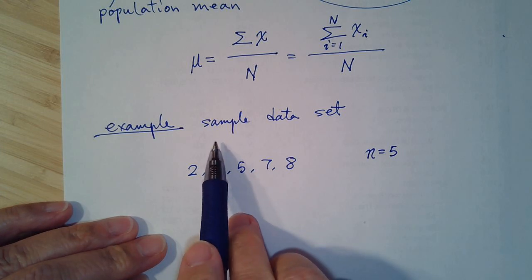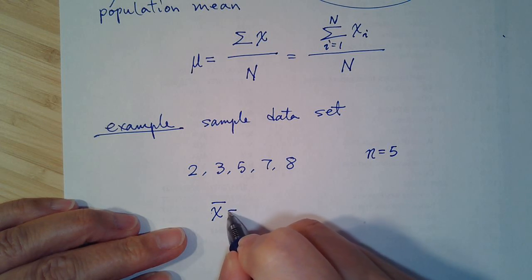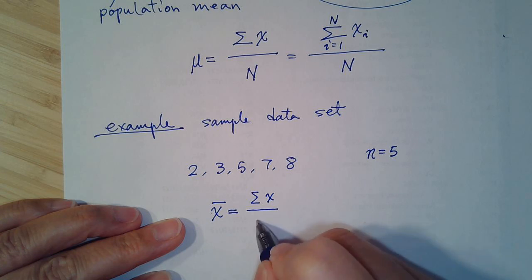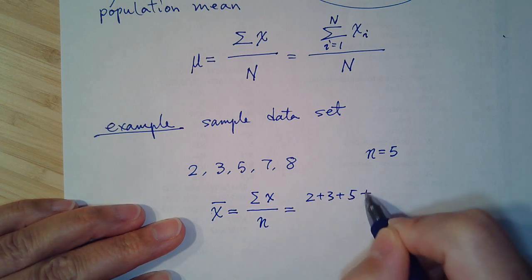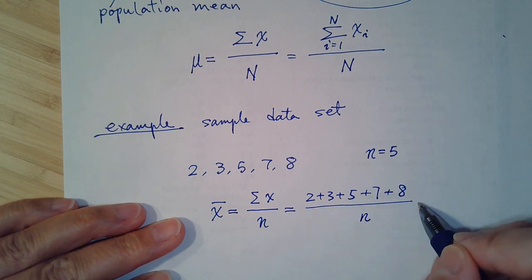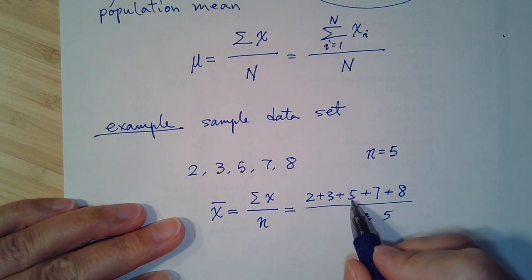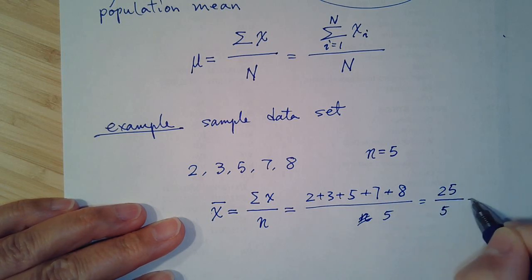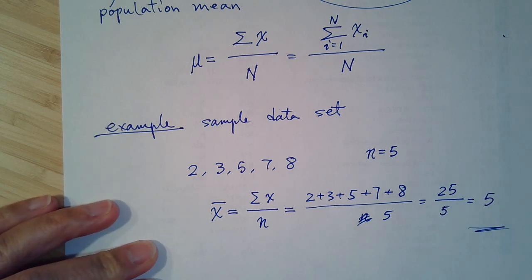Because this is a sample data set, we use x bar. That will be the summation of x, meaning you add all the x values together, divided by n. That's 2 plus 3 plus 5 plus 7 plus 8 over n, and n is 5. 2 plus 3 plus 5 is 10, then 17, then 25. So we have 25 over 5. The mean, or arithmetic average, is 5. So that's it. You did it.